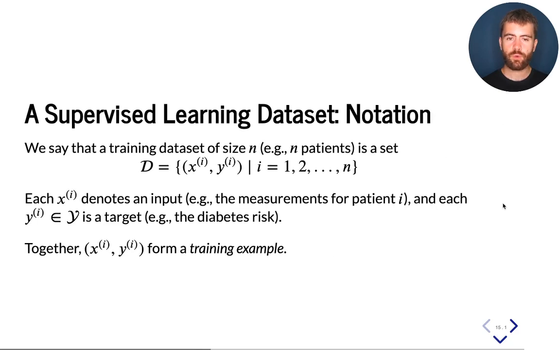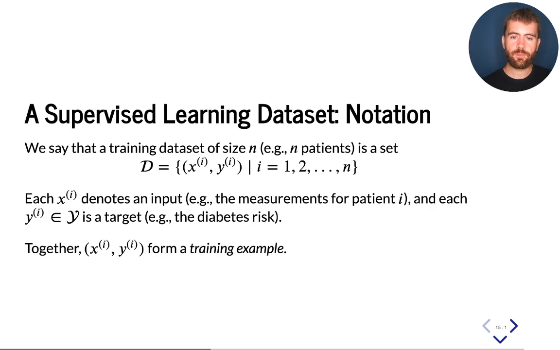I would like to now look at how we can define what a data set is a little bit more formally. So throughout this course, we're going to be defining various kinds of supervised learning algorithms, and we're going to be defining them using the language of mathematics. And in order to define these algorithms, we're going to need to define a little bit more formally, again using mathematical notation, what a data set is.